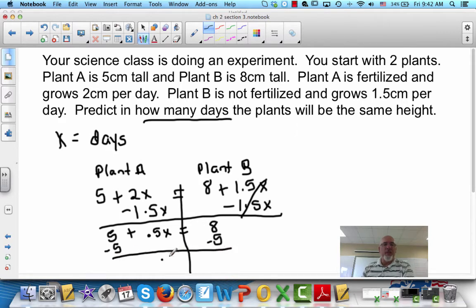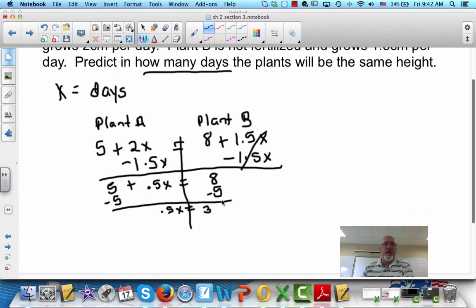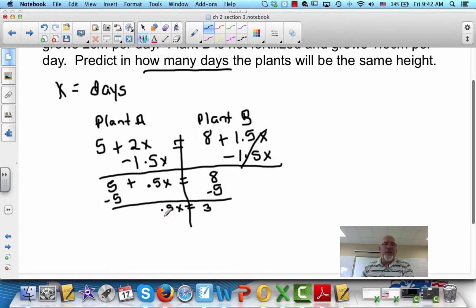And that leaves me with 0.5x equals 3. So now, to get rid of the 0.5 times x, I divide by 0.5 on both sides. And that leaves me with x equals, and 3 divided by 0.5 gives me 6. So in 6 days, they will be the same height.